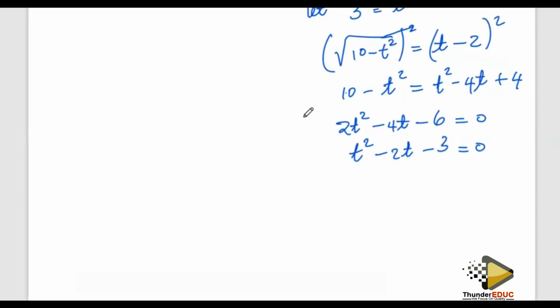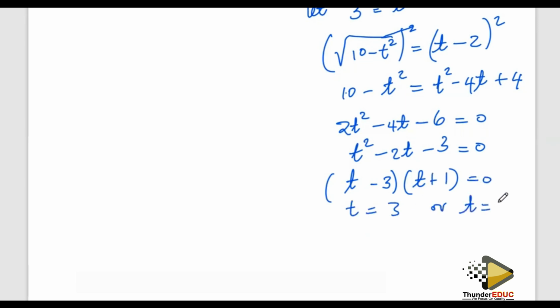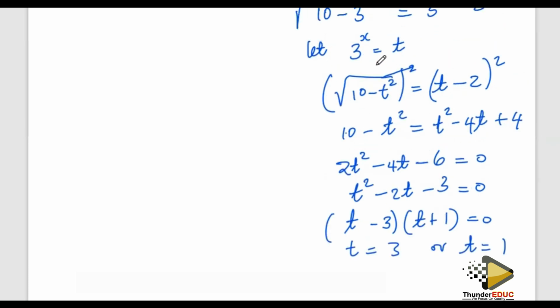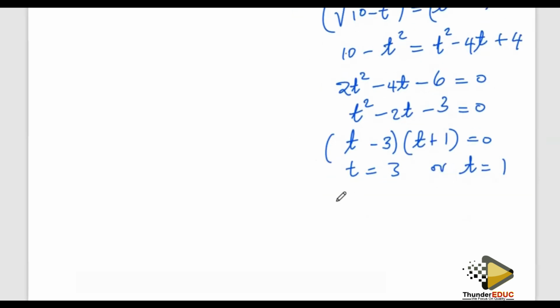Okay, open that up. That's a t and a t. It's a 3 and a 1, or say minus and plus. So either t is a 3 or t is negative 1. Remember, the question wants you to solve for x, not for t. Since we said t was 3 to the x, then replace it back. And say 3 to the x is a 3.